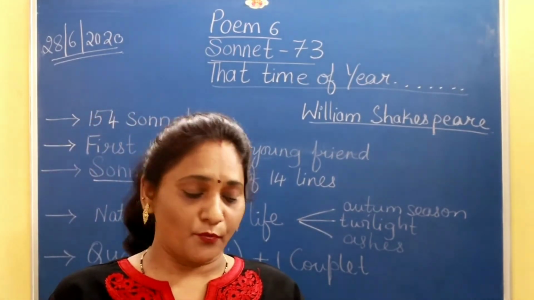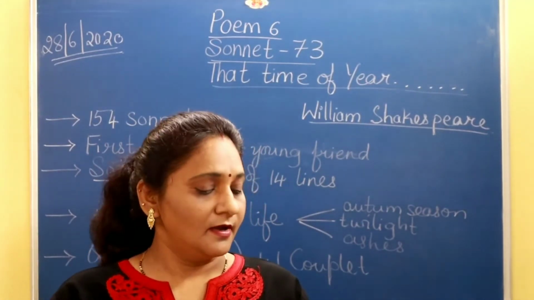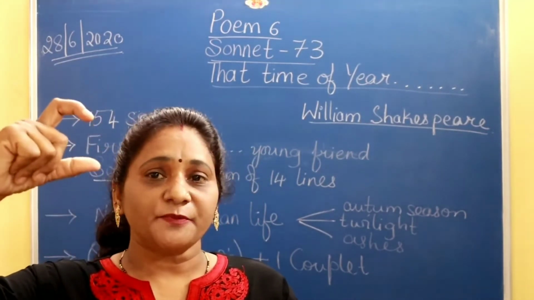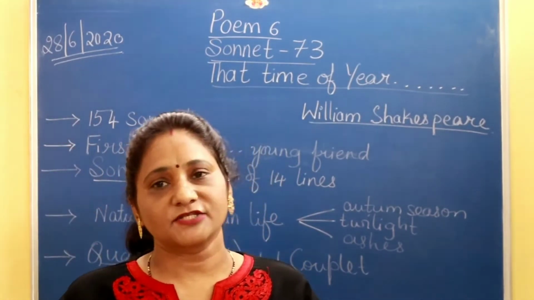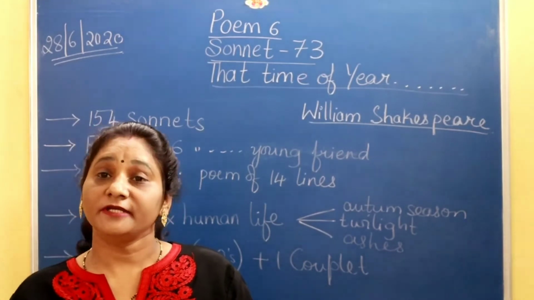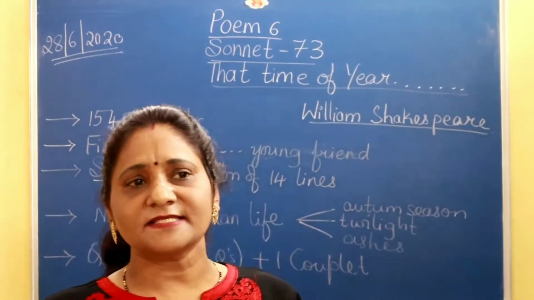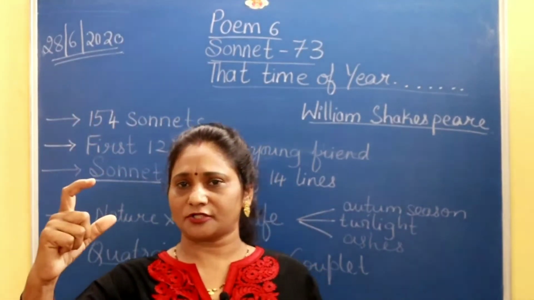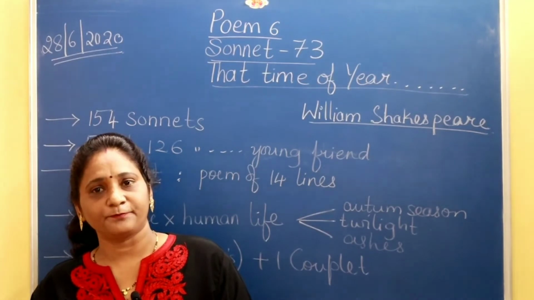So what we have to do? We have to strengthen our relationships, friendship, love in this short period of our life. Before it's too late, we have to realize this. Each one of us has to realize that life is very short and we have to pass all these stages in our life.